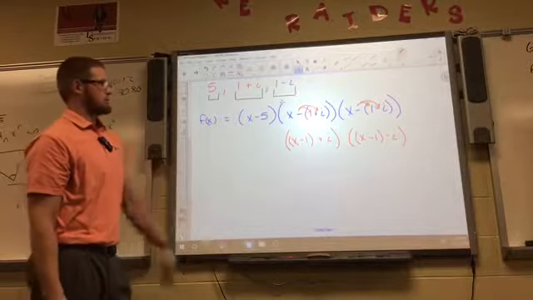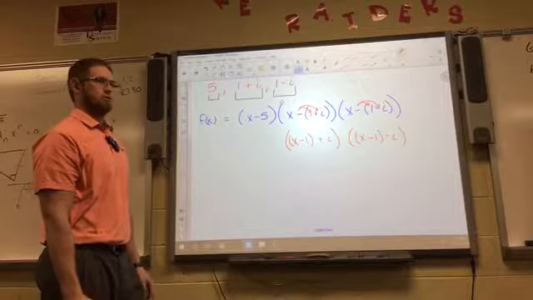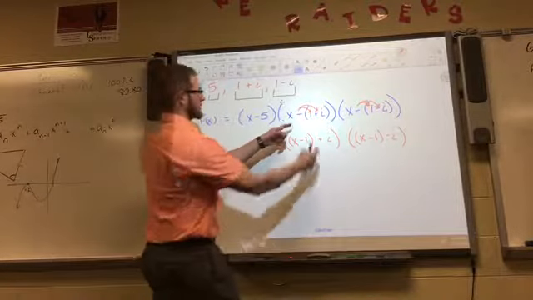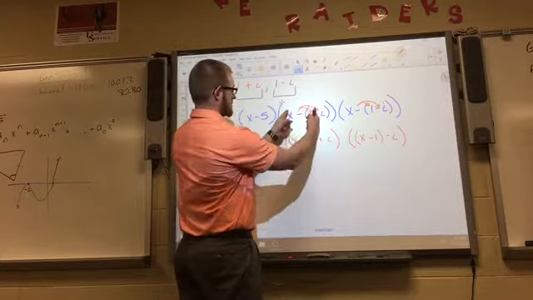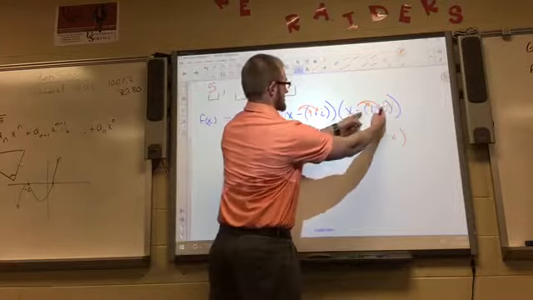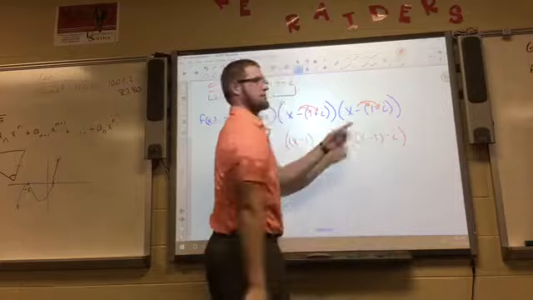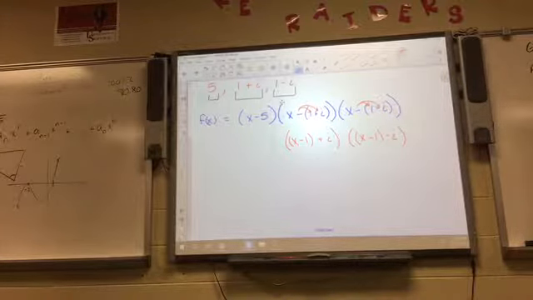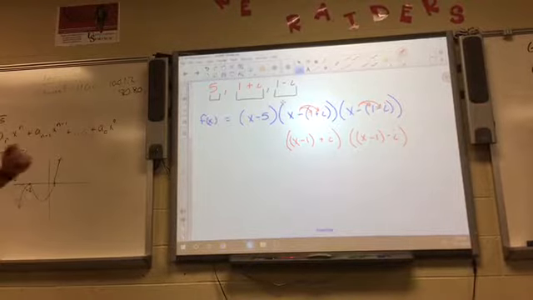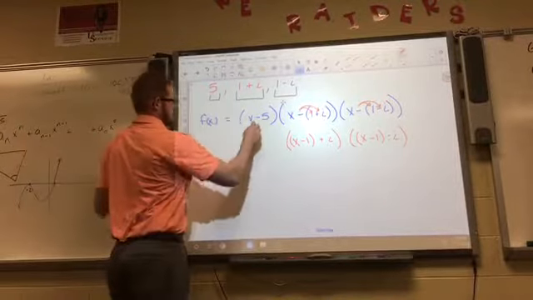How would you regroup it? I just did. Look, I took these parentheses, I slid them over. I took these parentheses, I slid them over. It ends up the same thing as if you were to distribute it. So however you want to do it. And I still have this x minus 5.